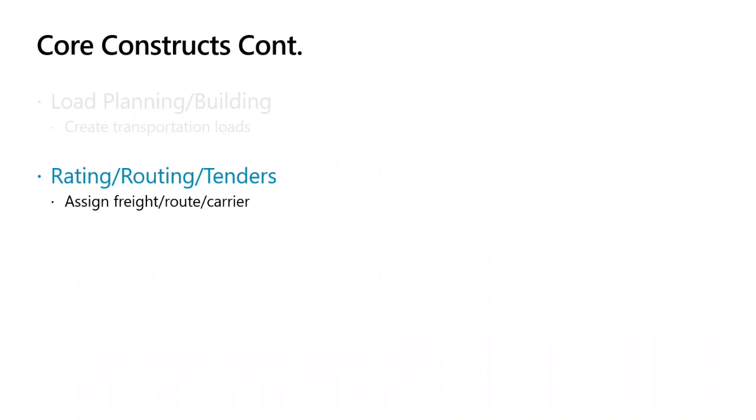With routing, you retrieve and assign a route to your load, defining the segments of transport and what modes of transport are defined for the entire route. And then tendering allows you to actually assign a carrier to the load.